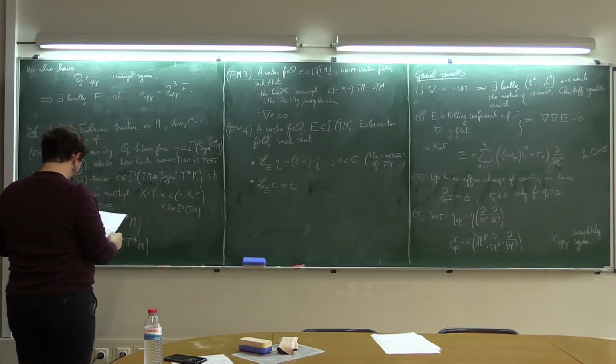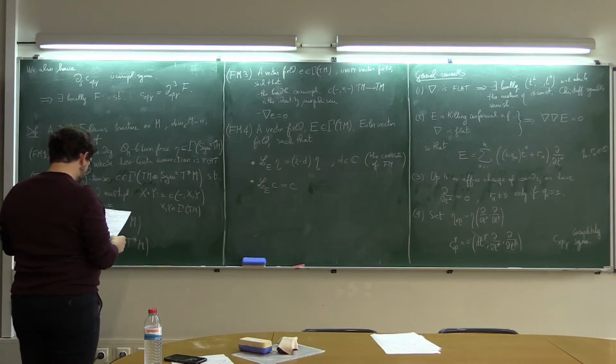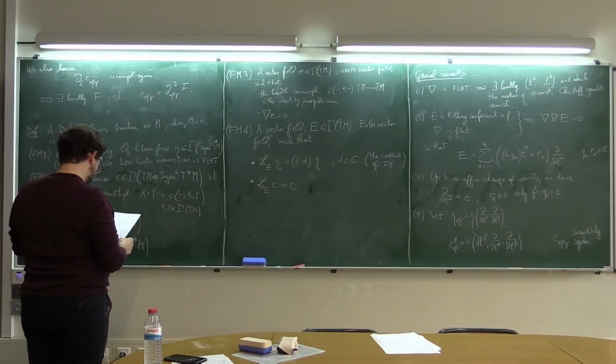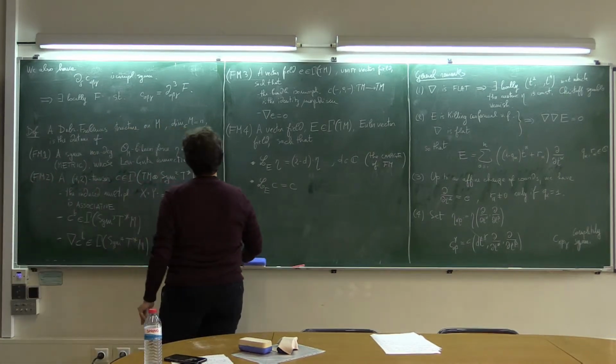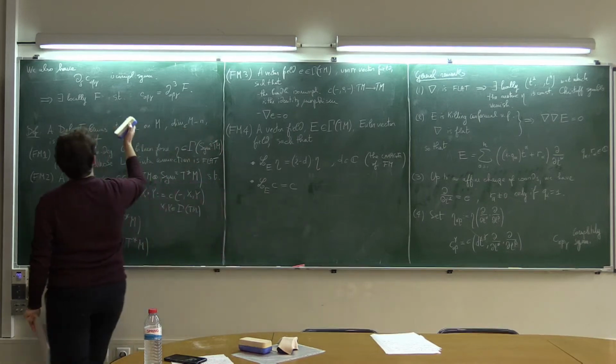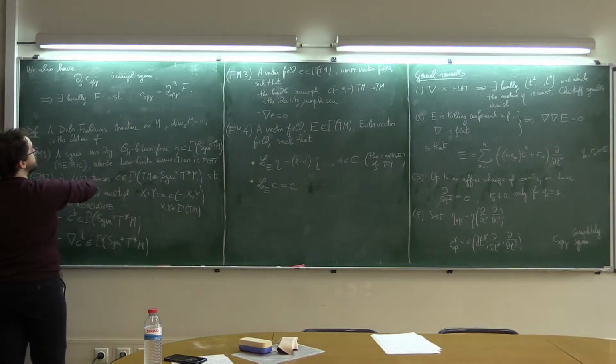And you can, for example, use this function, called the potential or prepotential of a Frobenius manifold, in order to rephrase the associativity condition.